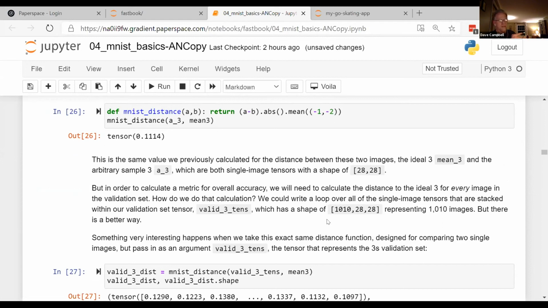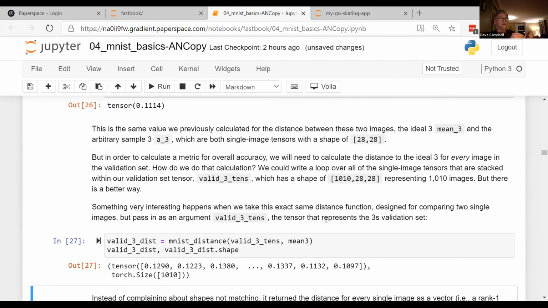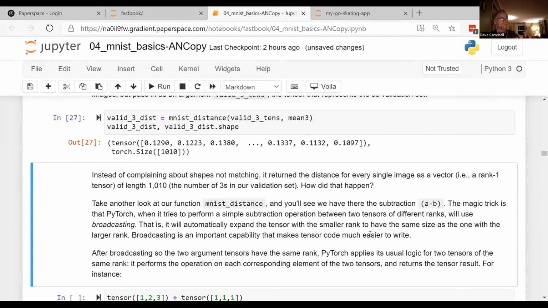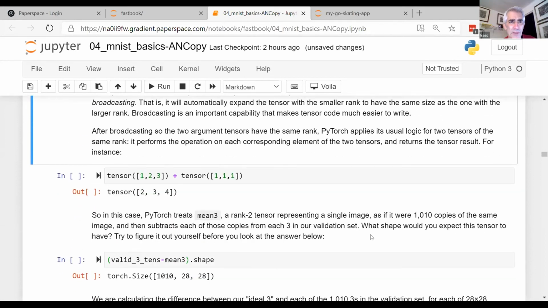The answer you get back comparing what you think is a 3 to the mean 3 should be very close, or it should be very high. Comparing what you think is a 3 to a 7 will come out very low. So you just compare the two. Well, I think it's the other way around.